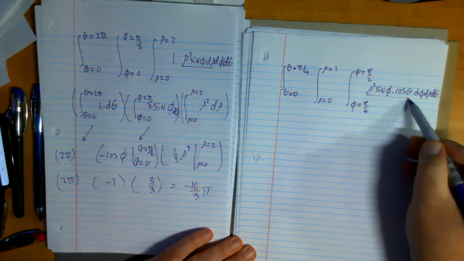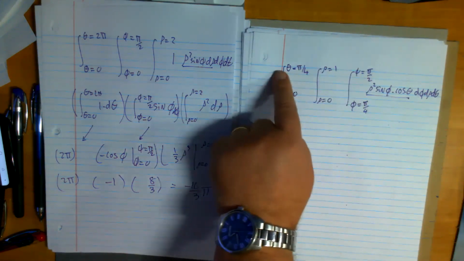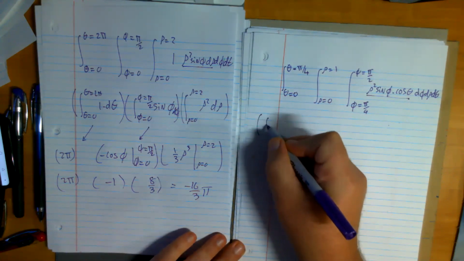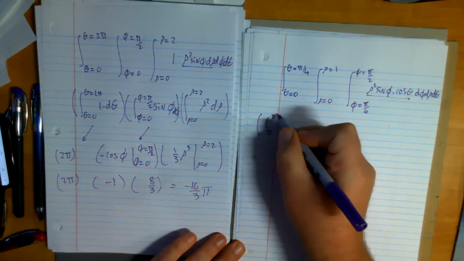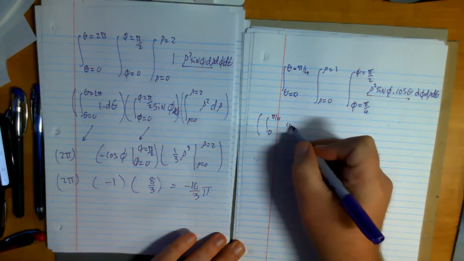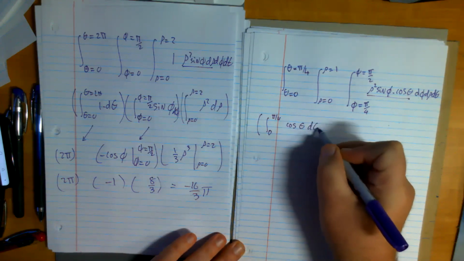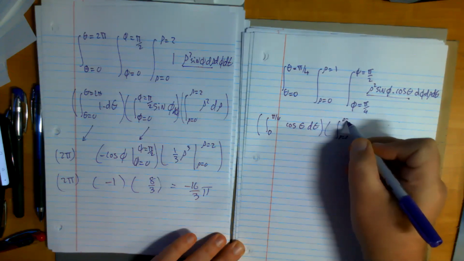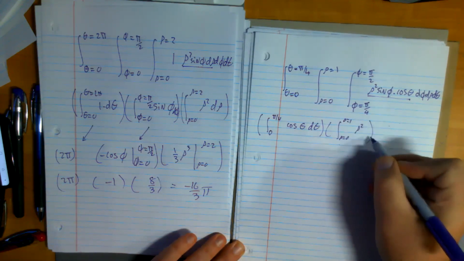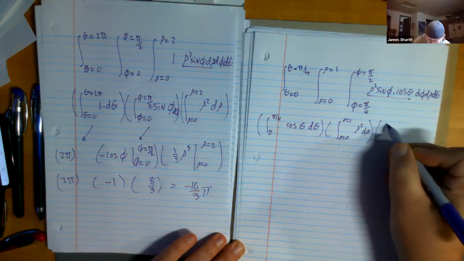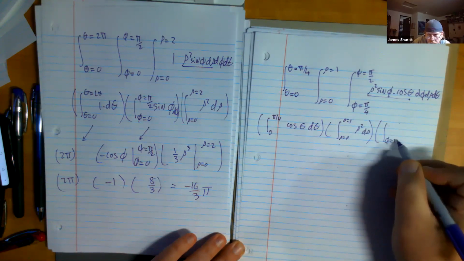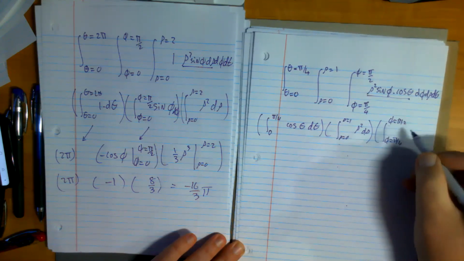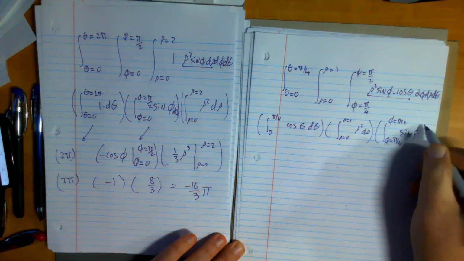So basically, this fellow is going to get integrated along these three particular ones. So that's going to give me a 0 to pi upon 4 of a cosine function. The middle one's going to give me a 0 to 1 rho squared. Last one's going to give me a pi upon 4 to pi upon 2 of a sine function.